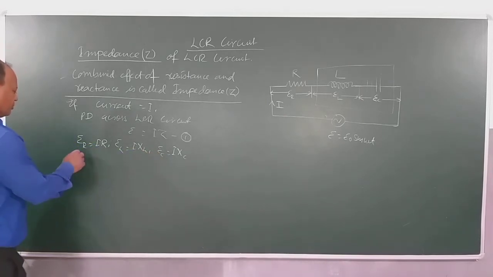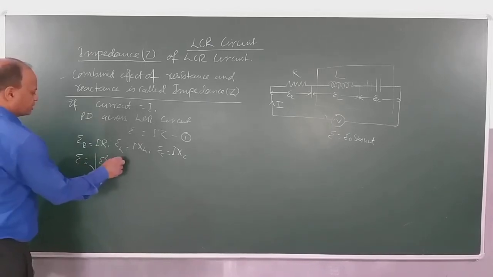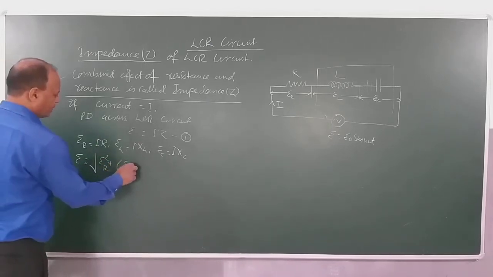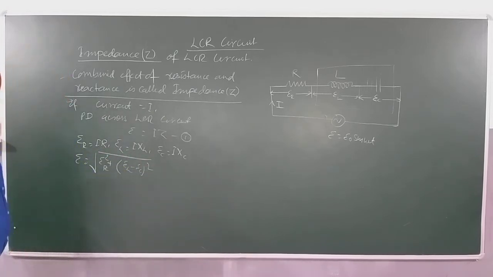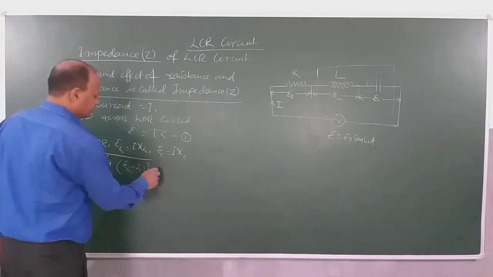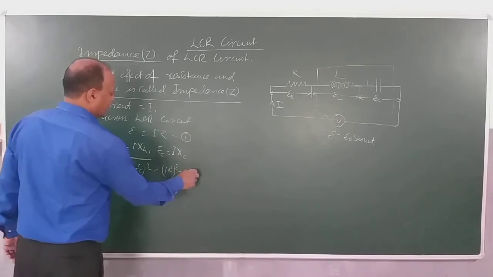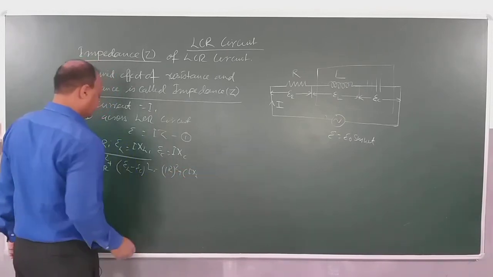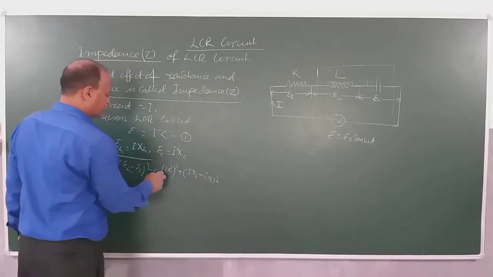So E will be equal to root over ER square plus EL minus EC whole square. If we put in the values, then it is root over I into R whole square plus I into XL minus I into XC whole square.